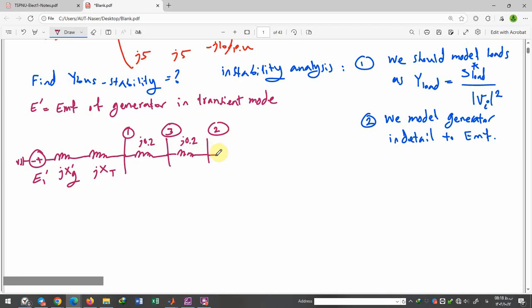After that we have the reactance of the transformer connected to generator number 2, and after that the reactance of the generator in transient mode, and after that the EMF of generator number 2 in transient mode.